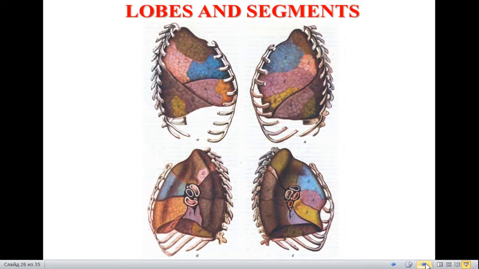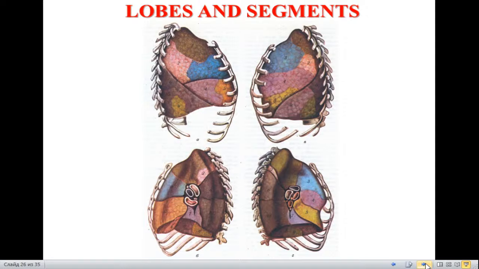So the lobes divide into the segments. In the superior lobe of the left lung we have apical, posterior, anterior, superior lingual and inferior lingual segments.